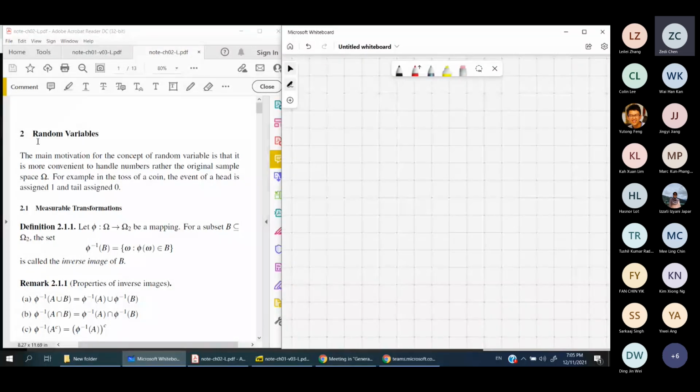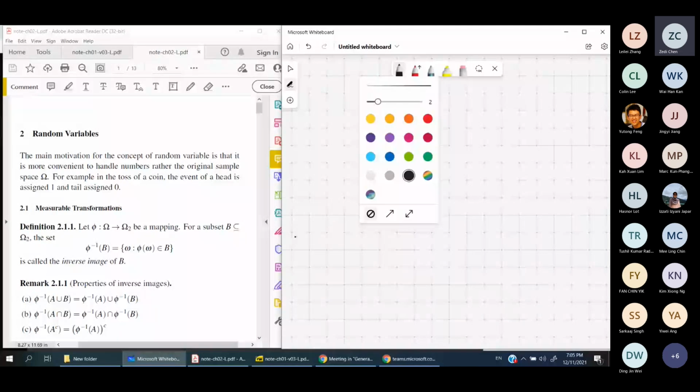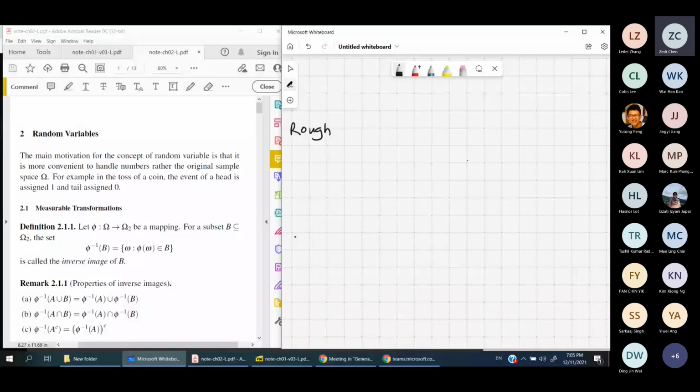Right, so chapter 2 will be about this thing so-called a random variable. Just a rough idea.